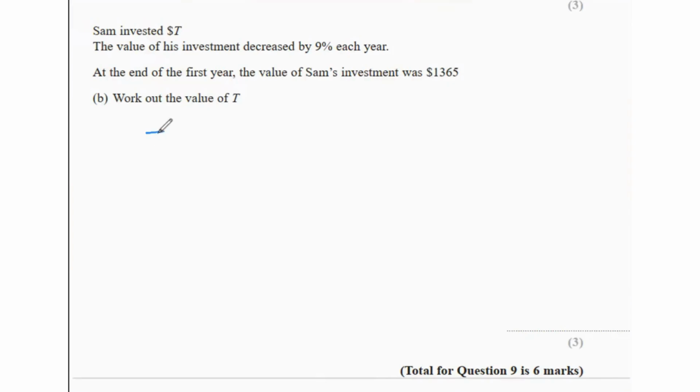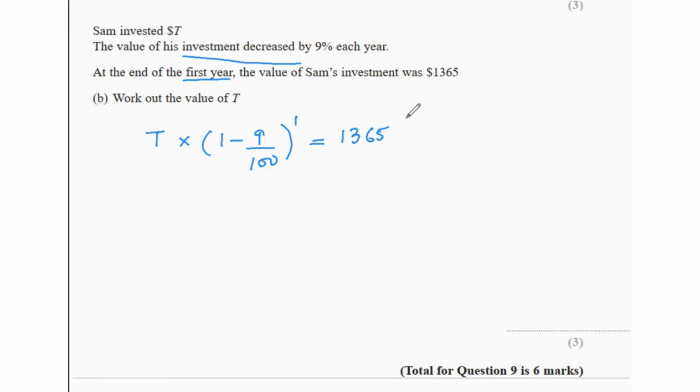So it's going to be T, which is the initial amount that he invested, times, since it's decreasing, you do 1 minus 9 over 100. At the end of the first year, so the power is going to be 1, and that equals 1,365.